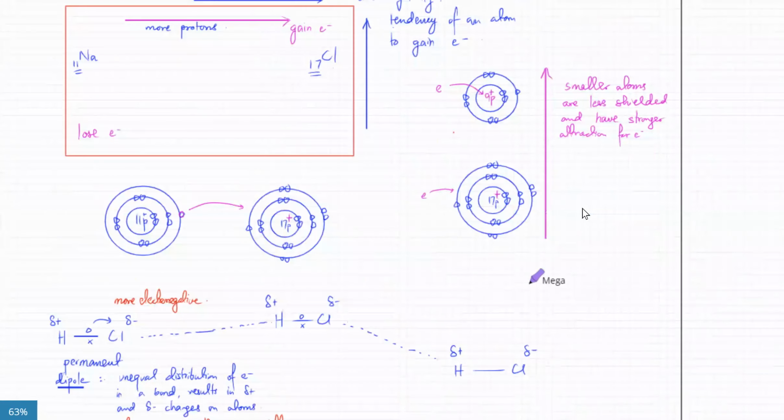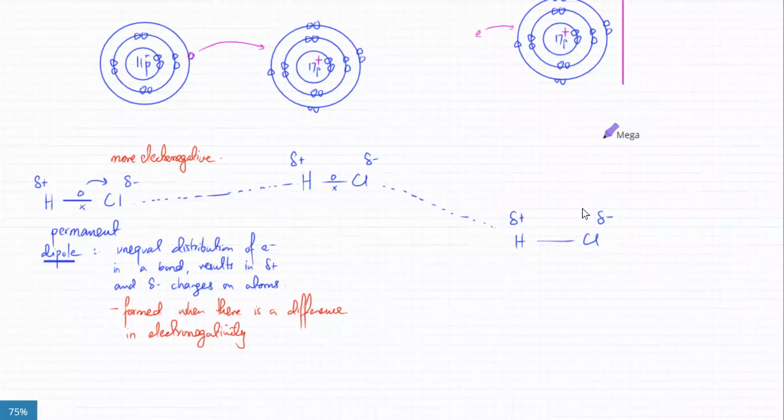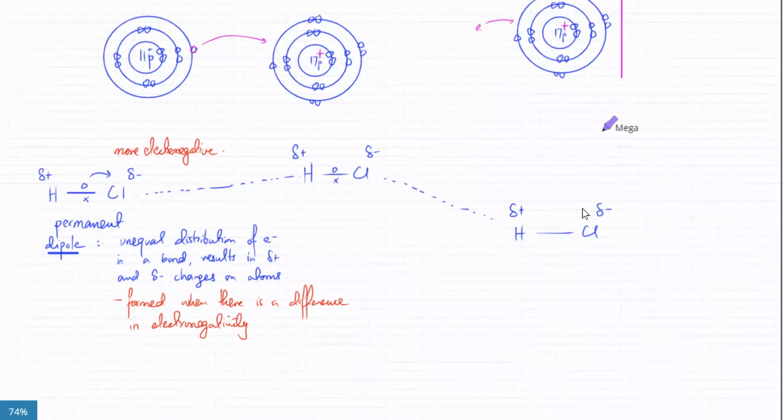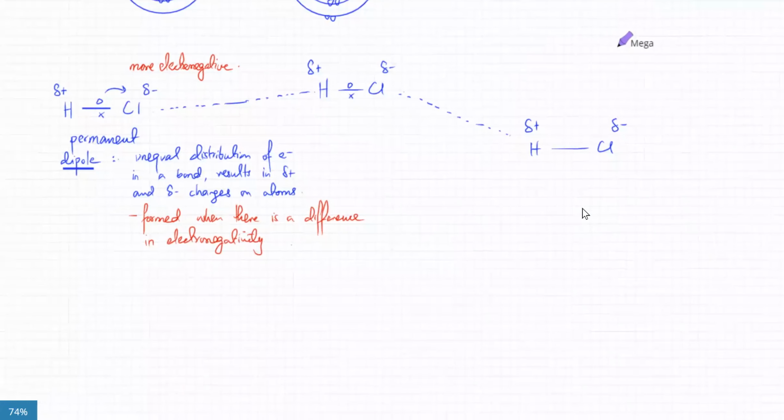We discussed that if you have a covalent molecule, when there's a difference in electronegativity and one of the atoms is more electronegative, the electrons are closer to one of the atoms compared to the other one. That results in an unequal distribution of electrons in this bond. So there's a lopsided distribution. The electrons are closer to this Cl, which is why it's got a slight negative charge, while the other one is going to have a slight positive charge.